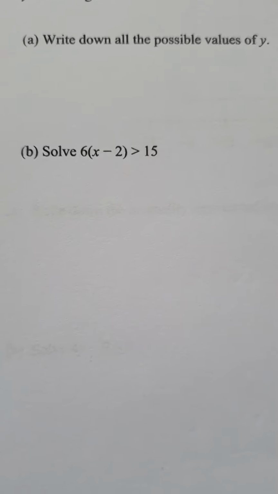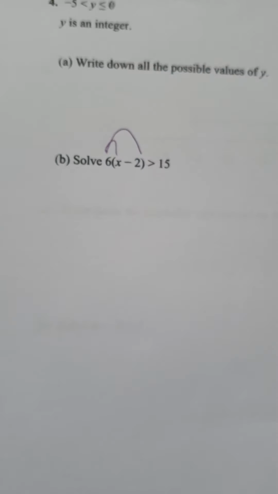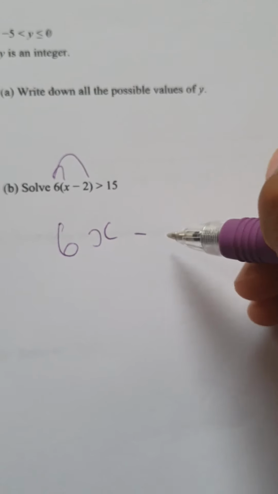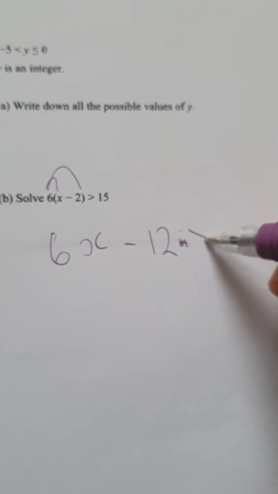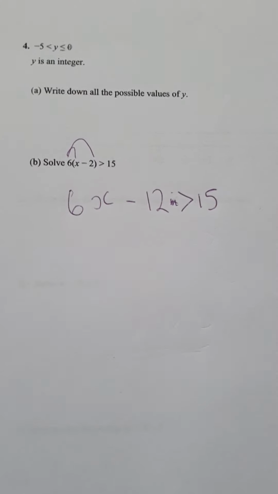Now again, I need to solve an inequality just like solving an equation. Our first step would be expanding those brackets. So I would then have 6x minus 12 is greater than 15. Now we can solve this like a normal equation.